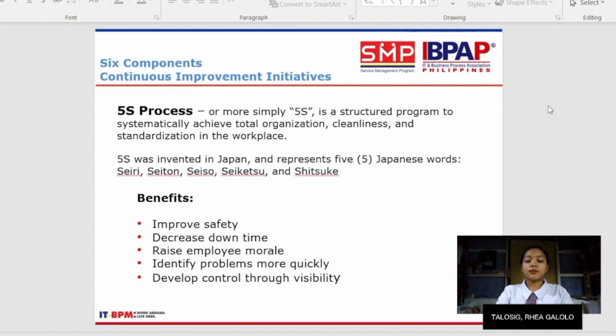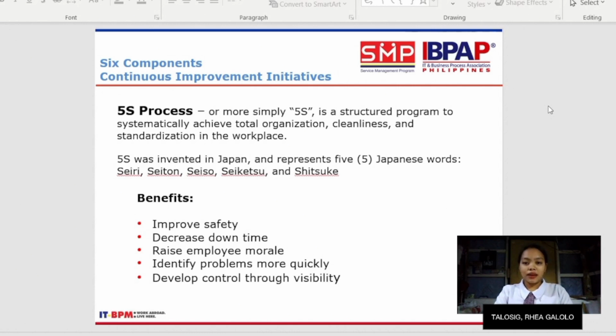5S process benefits: improve safety, decrease downtime, raise employee morale, identify problems more quickly, develop control through visibility. Improve safety. The method promotes a clean working environment to reduce or totally eliminate work-related injuries. It helps ensure workplace safety.